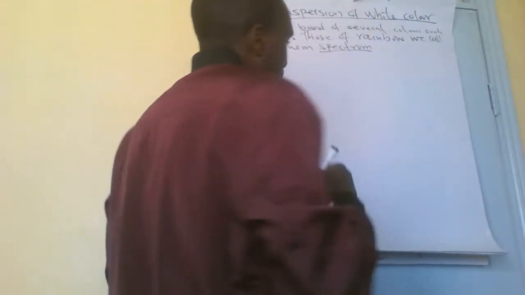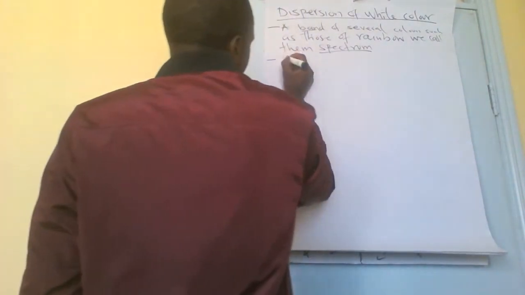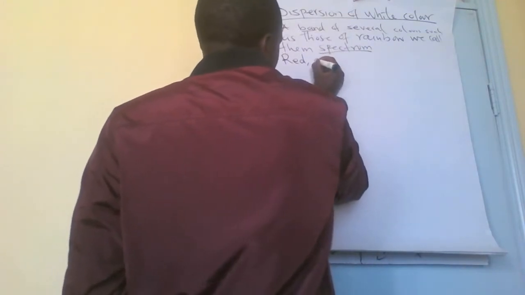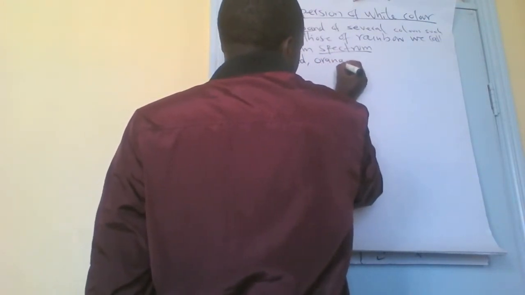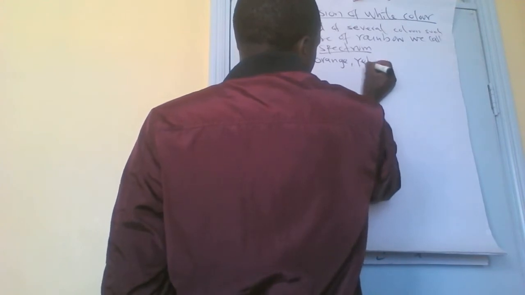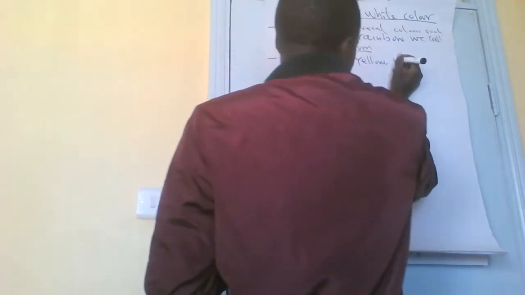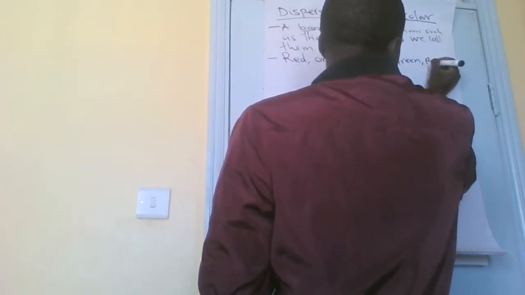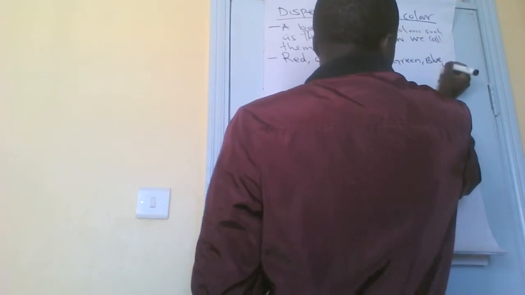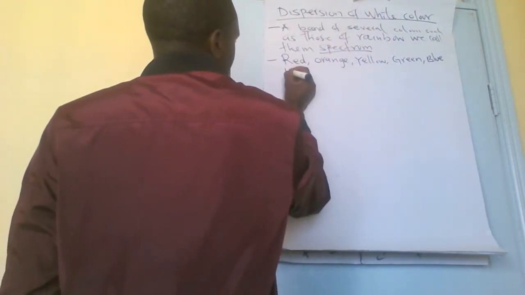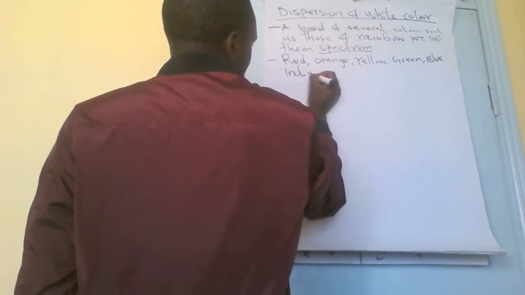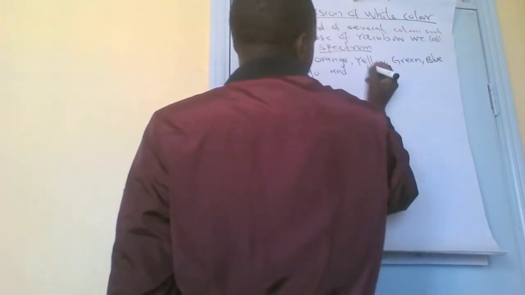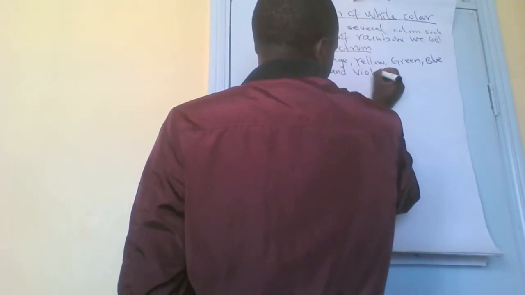We have red, orange, yellow, green, blue, indigo, and violet.